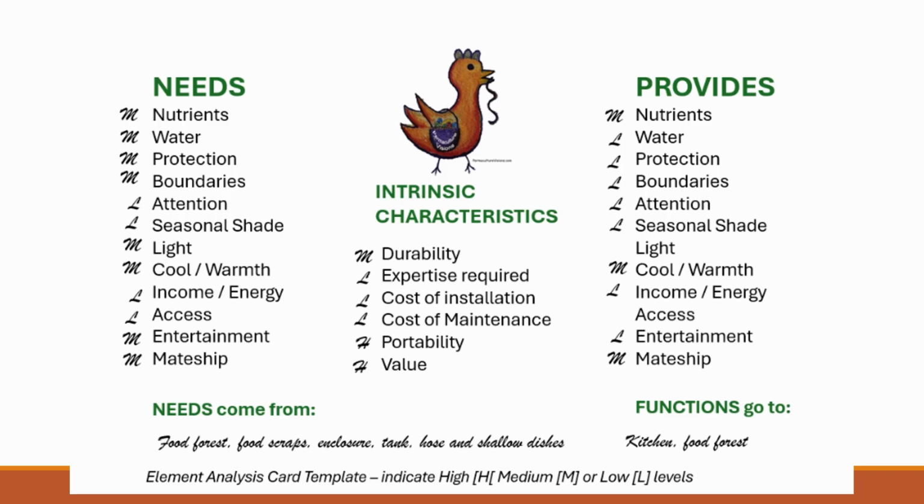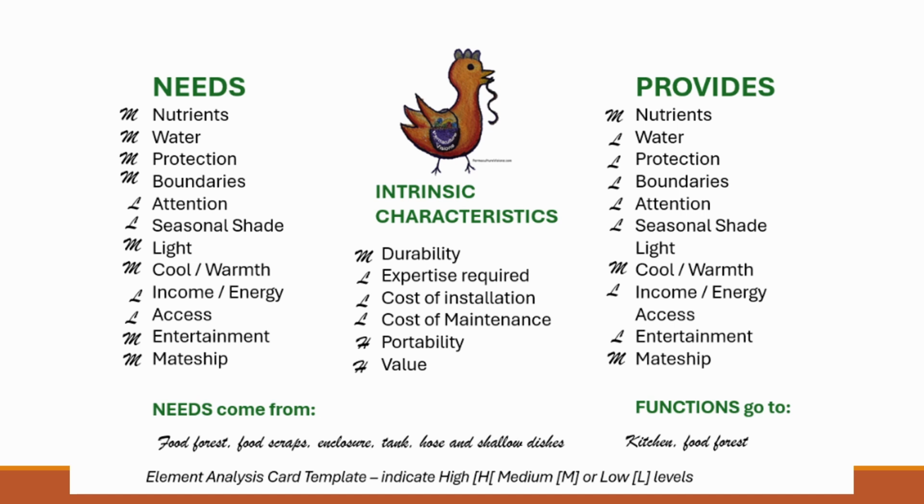We call that intrinsic characteristics. The needs can come from a food forest, food scraps, its enclosure, the tank, a hose, and some shallow dishes. And the functions, the things that it provides, can go to our kitchen and back into the food forest.